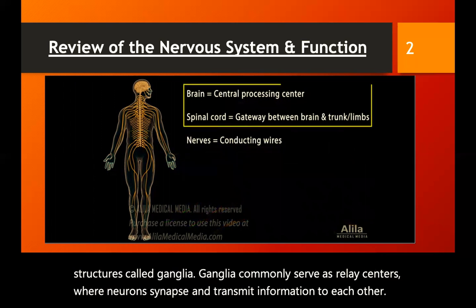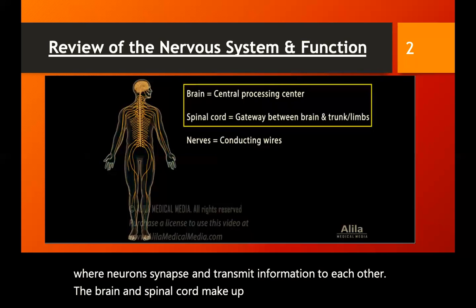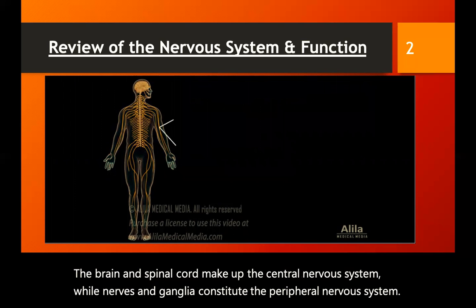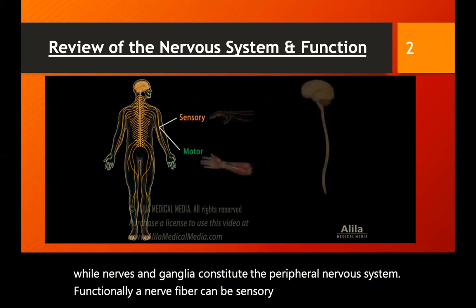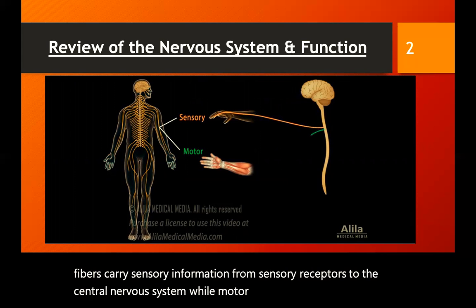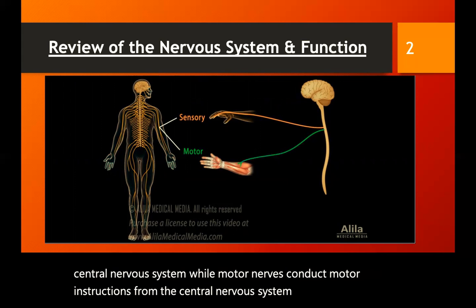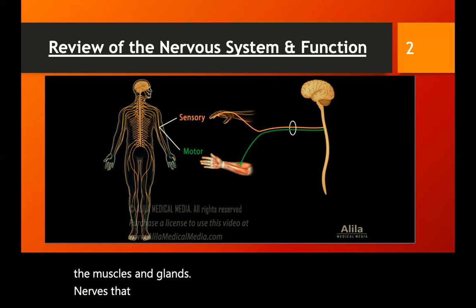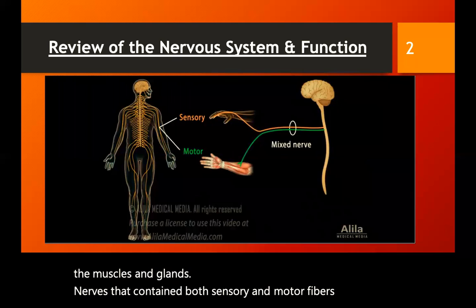The brain and spinal cord make up the central nervous system, while nerves and ganglia constitute the peripheral nervous system. Functionally, a nerve fiber can be sensory or motor. Sensory nerve fibers carry sensory information from sensory receptors to the central nervous system, while motor nerves conduct motor instructions from the central nervous system to effector organs, the muscles and glands. Nerves that contain both sensory and motor fibers are known as mixed nerves.